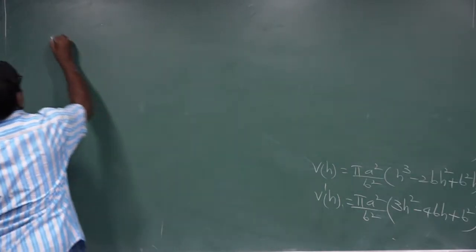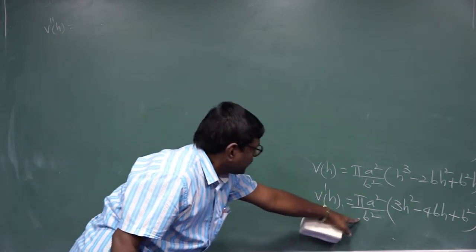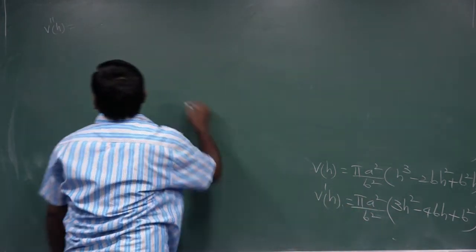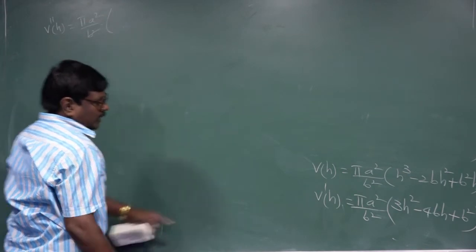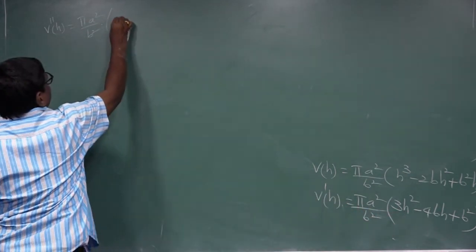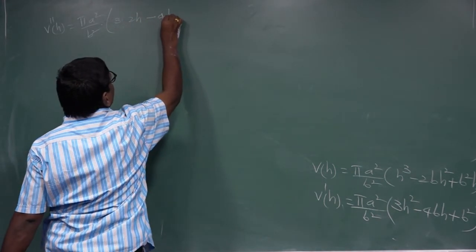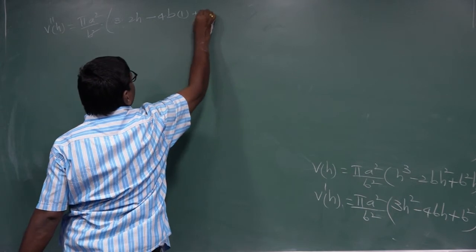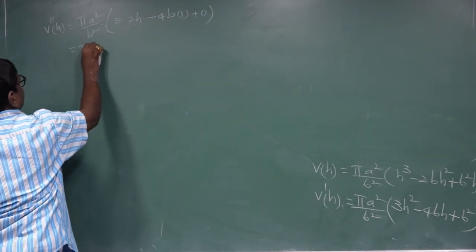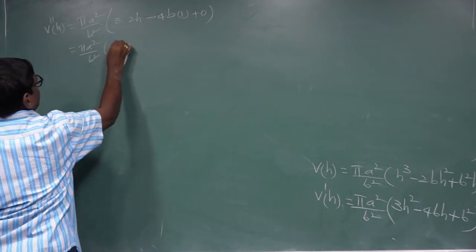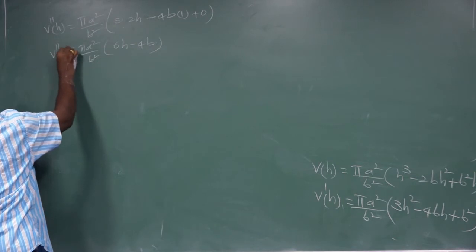Then V double dash H: the derivative, pi A square by B square is constant. 3H square gives 6H, minus 4B into 1, B square constant gives 0. So pi A square by B square into 6H minus 4B is V double dash H.